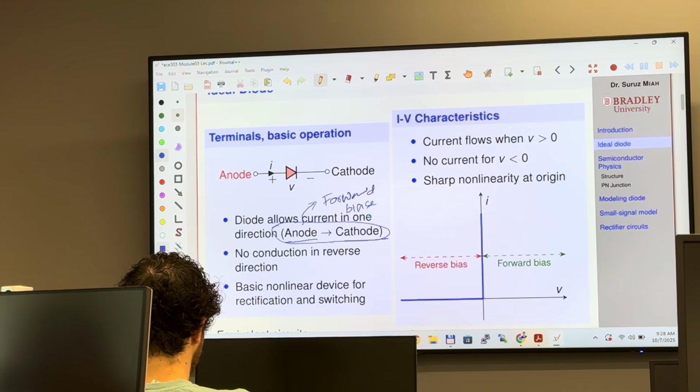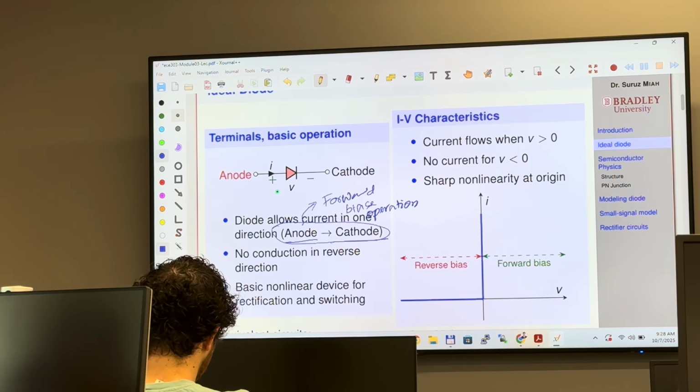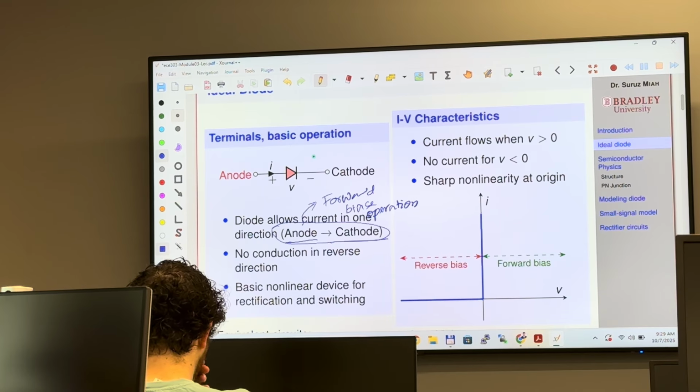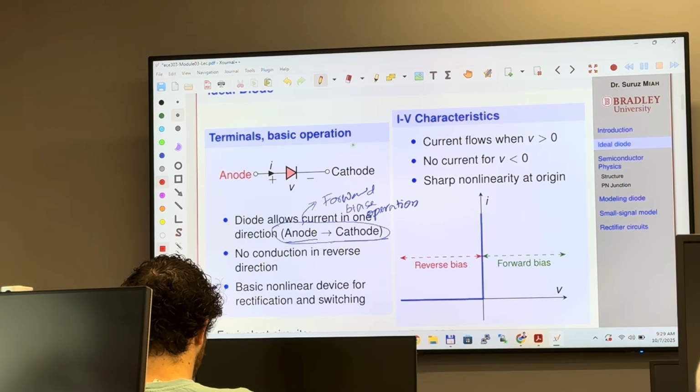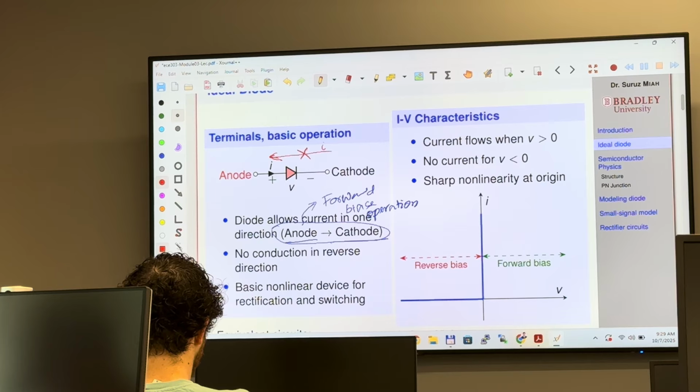Current cannot flow from cathode to anode. This is called reverse bias. Ideally, there is no conduction in reverse bias. Current can flow in one direction only.